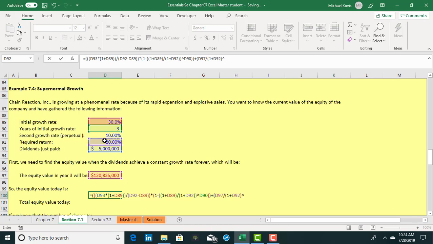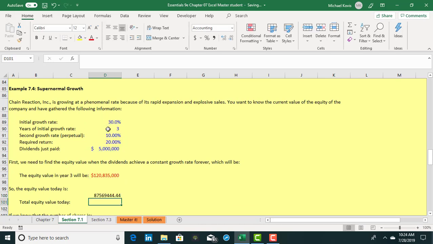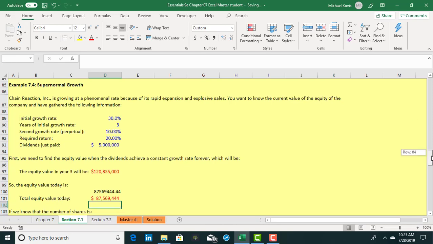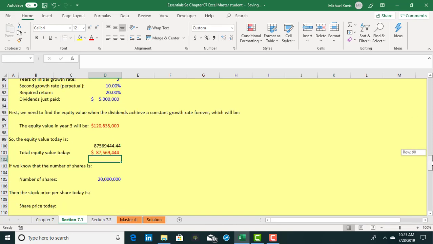Ooh, I've gone long, let's wrap this up. Sorry for this bit. If our dividend is growing at a rate, what is our dividend? Well, we're going to take our current dividend times 1 plus the growth rate.